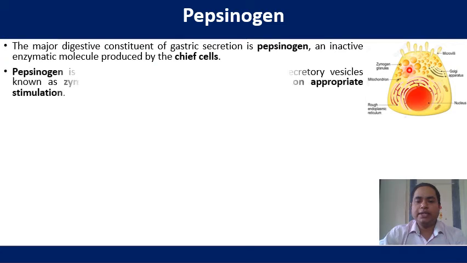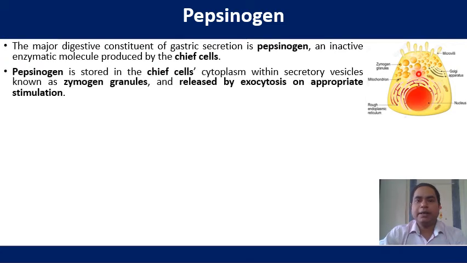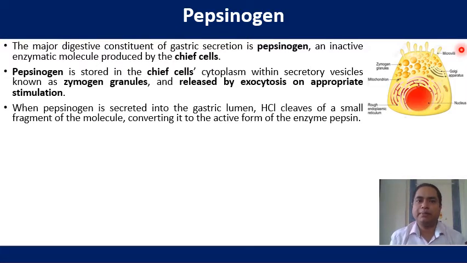This pepsinogen is released by the exocytosis process on appropriate stimulation. So when pepsinogen is secreted into the gastric lumen, HCl cleaves off a small fragment of the molecule and converts it into the active form, that is pepsin.